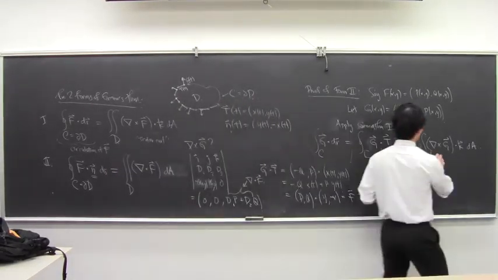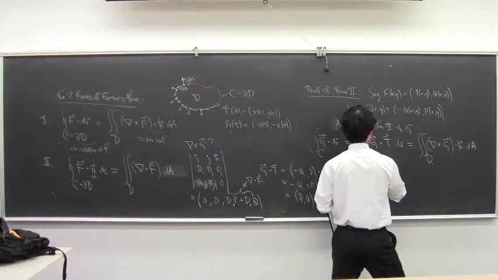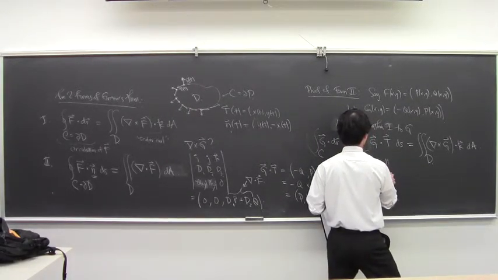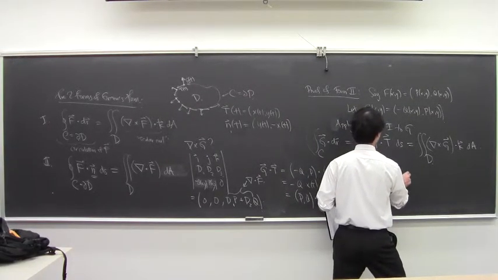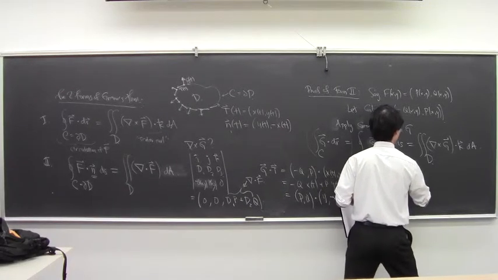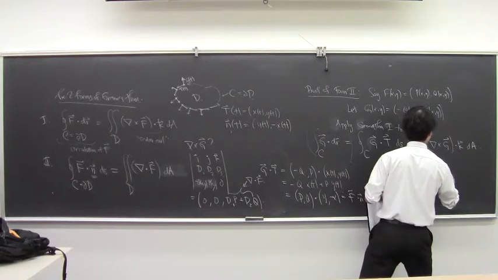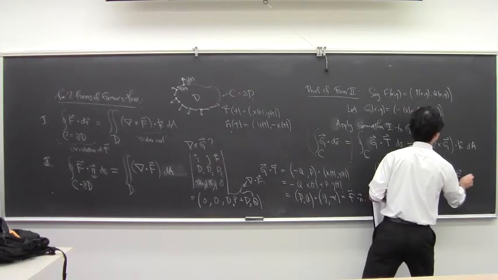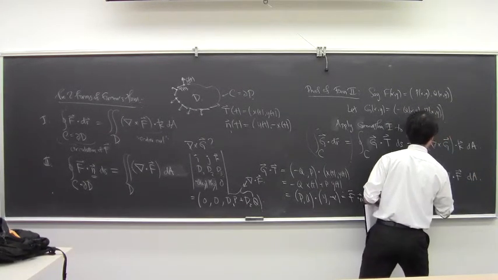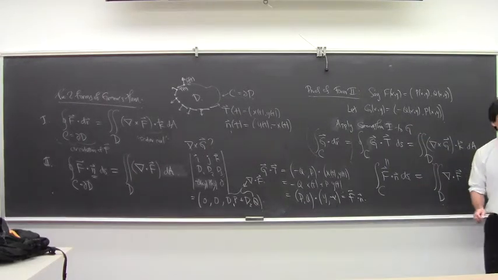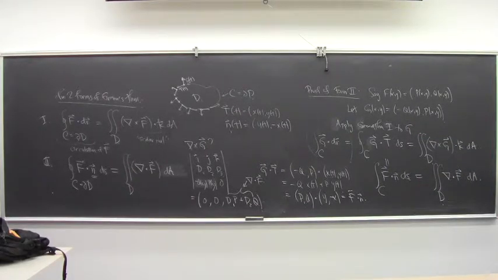So what we see is that the integral of F dot N ds over C equals the double integral of del dot F dA. Okay, which is the flux divergence form.